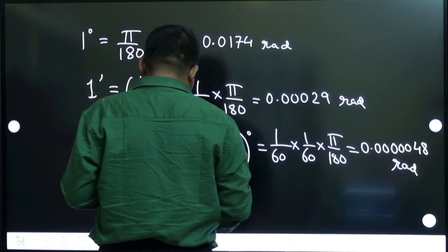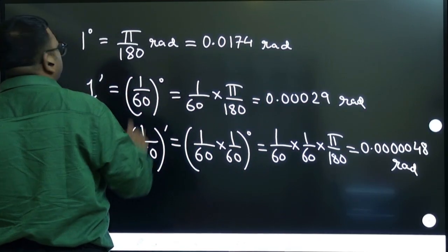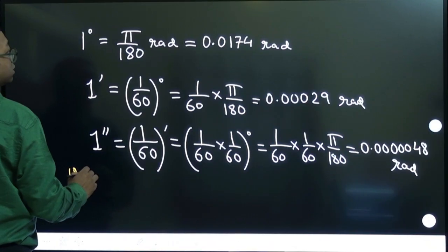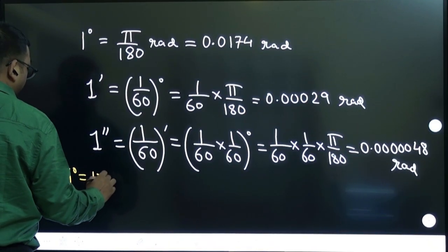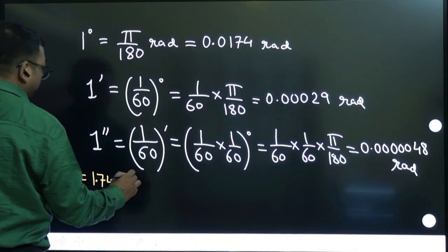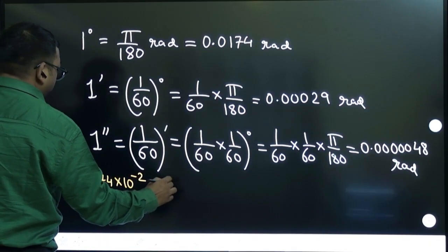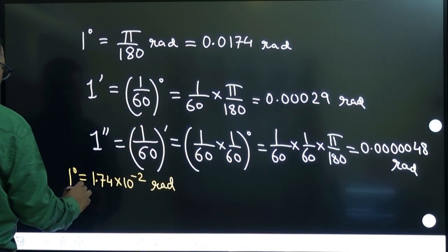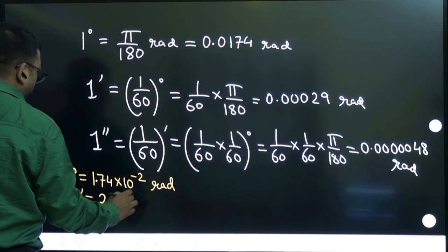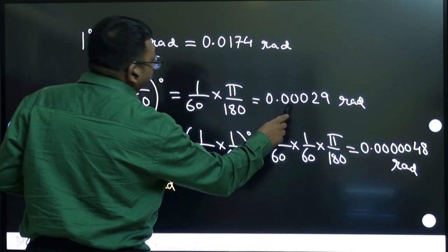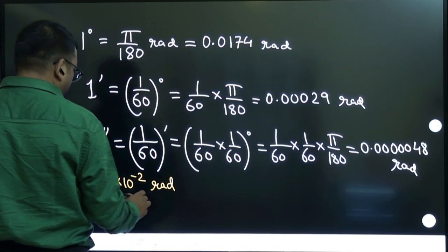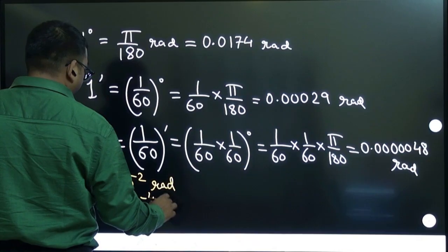Let us bring in terms of power. So I will write it here. So 1 degree can be written as 1.74 into 10 to the power minus 2 radian. 1 minute is equal to 2.9 into 10 to the power minus 4 radian.